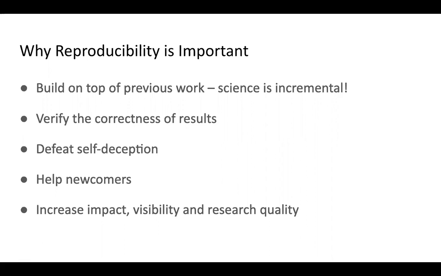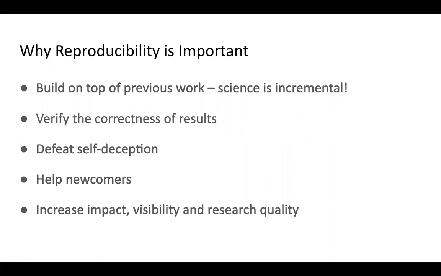Science is incremental, meaning it is a series of steps that builds on each other. In order to build on previous work, you have to understand that work. For sound research practices, we want to ensure what we find is correct. So reproducibility helps us avoid self-deception, when you may deny the significance or importance of opposing evidence.